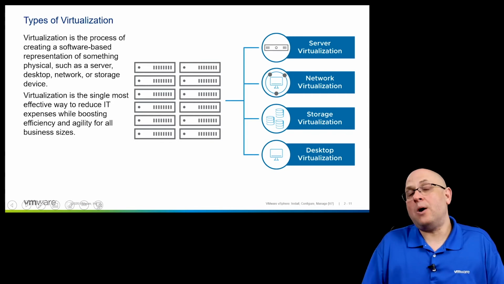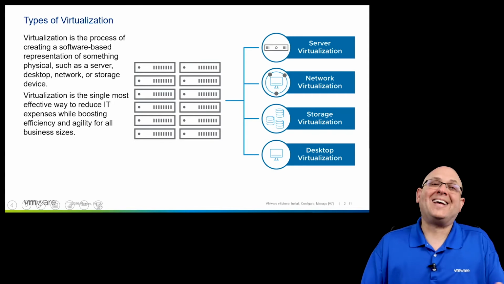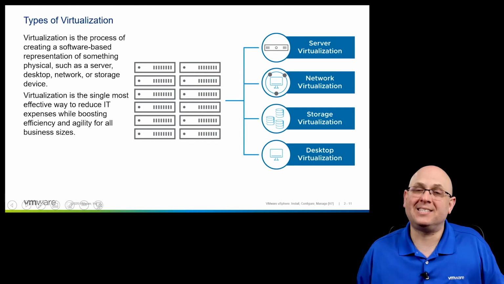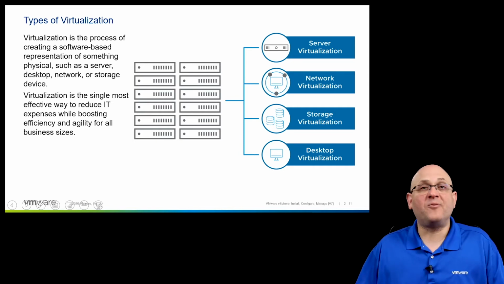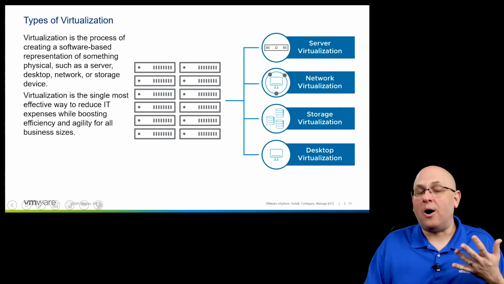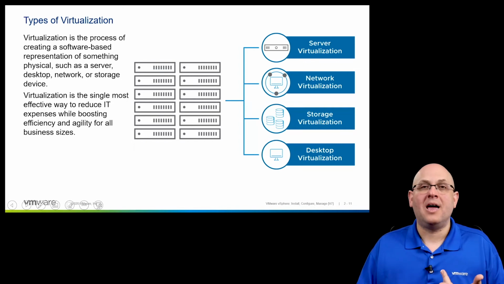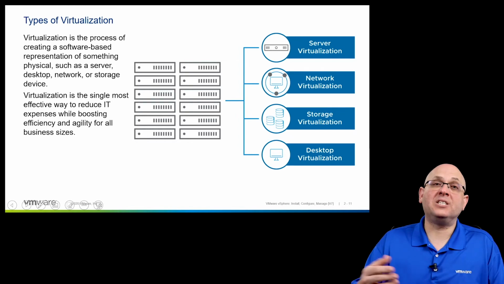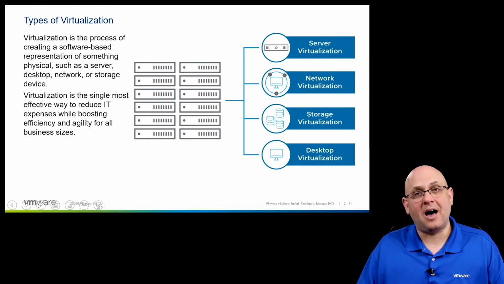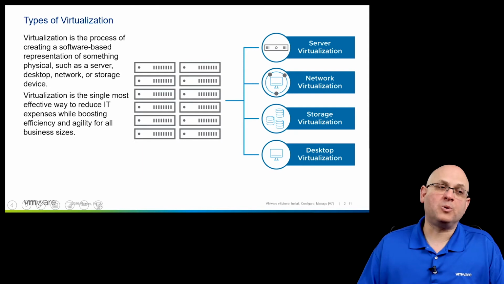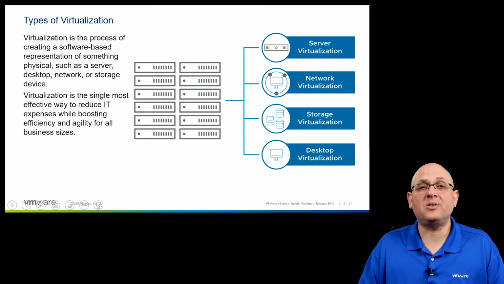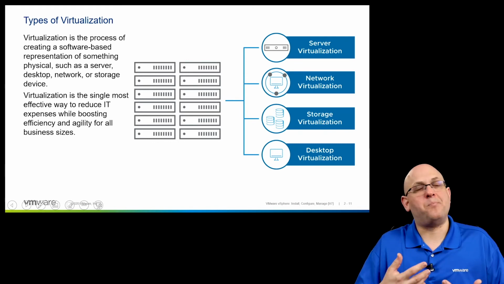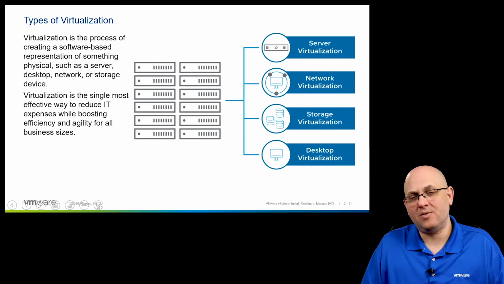We also have network virtualization, where we can extend our networks across multiple hosts and across multiple data centers and include things like software-defined switches and routers and firewalls and load balancers and all of those sorts of things within and managed entirely upon our ESXi infrastructure. So network virtualization with a product called NSX is another type of virtualization that we can choose to implement once we have our basic server virtualization taken care of.